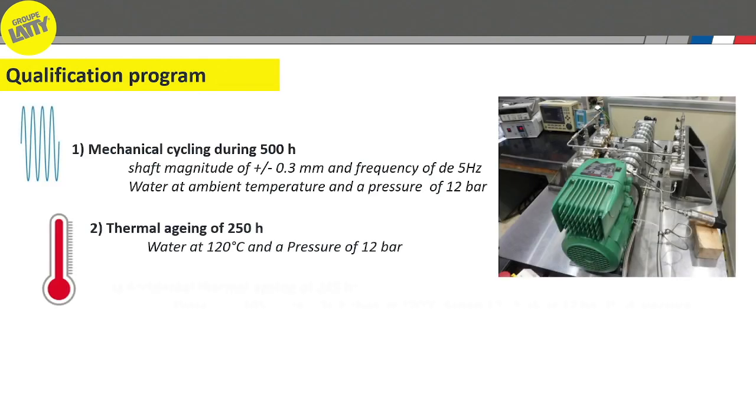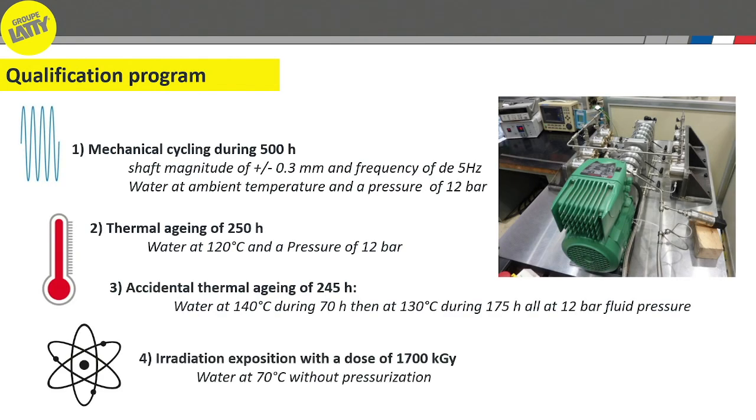To see the qualification procedure in detail, we made mechanical aging cycling during 500 hours, followed by thermal aging during 240 hours, followed by another kind of aging named accidental aging, and at the end we finished the test with irradiation, with a maximum absorbed dose of 1,700 kilograys.